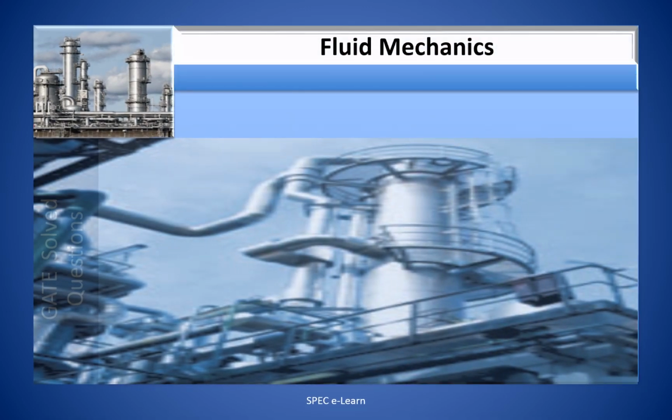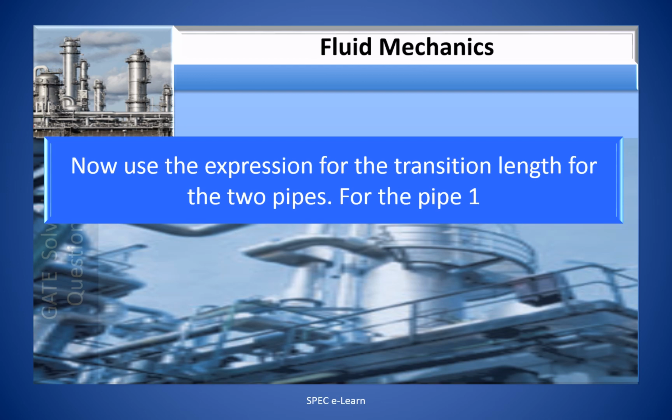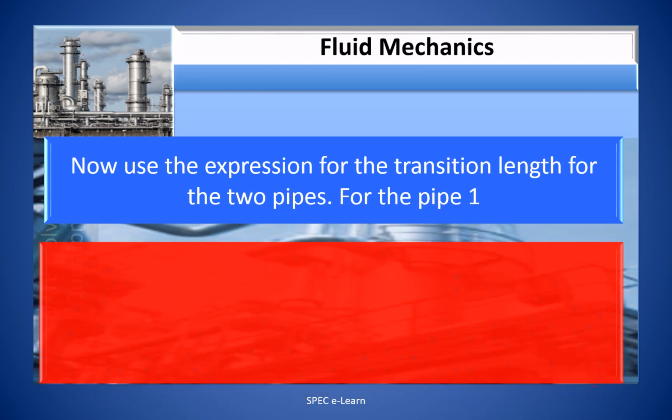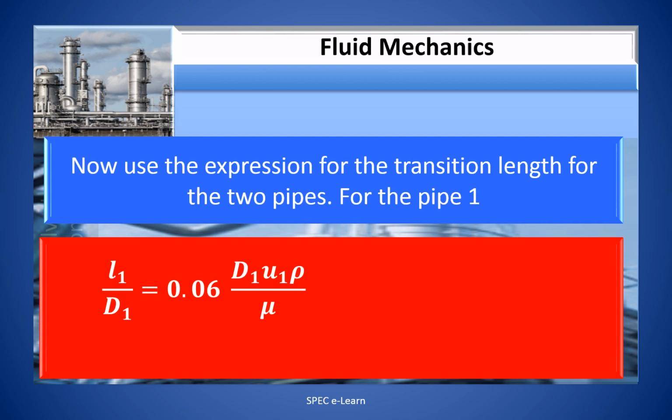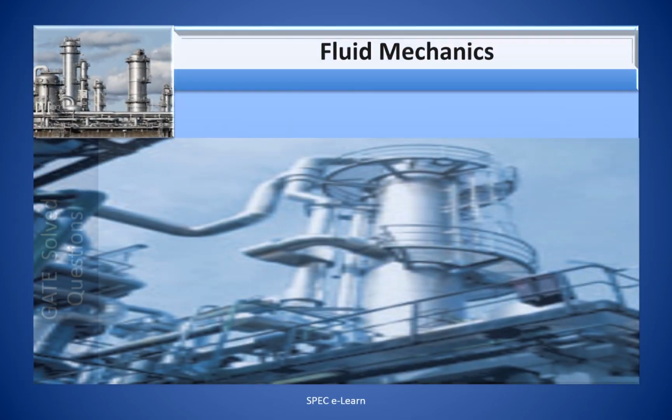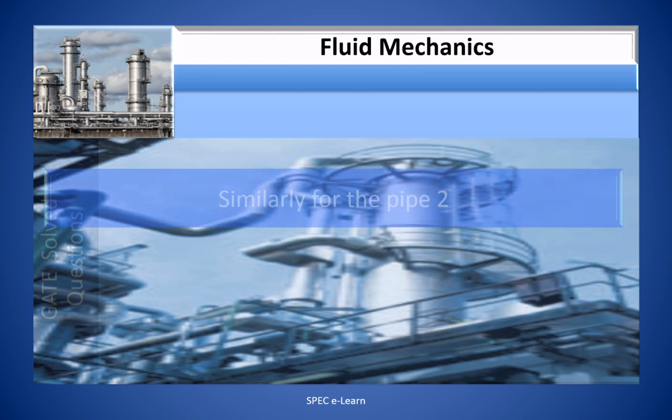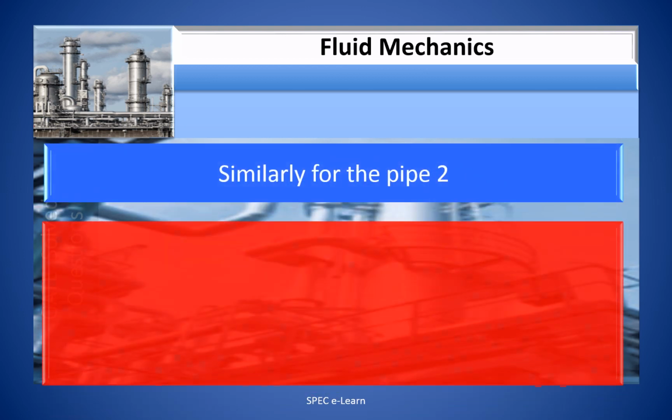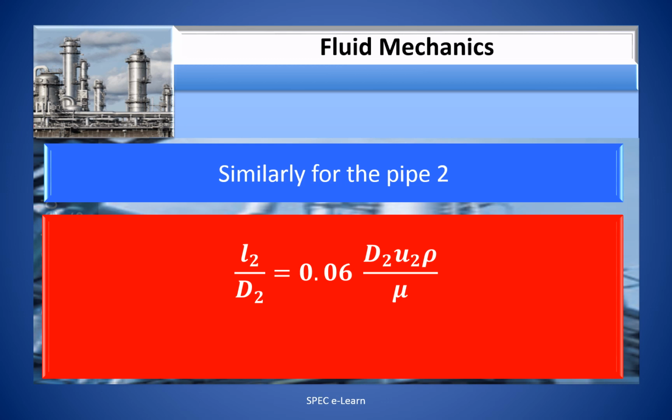Now use the expression for the transition length for the two pipes. For the pipe 1, L1 by d1 equal to 0.06 times d1 u1 rho by mu. So L1 equal to 0.06 times d1 squared into u1 rho by mu. Similarly, for the pipe 2, L2 by d2 equal to 0.06 times d2 u2 rho by mu.